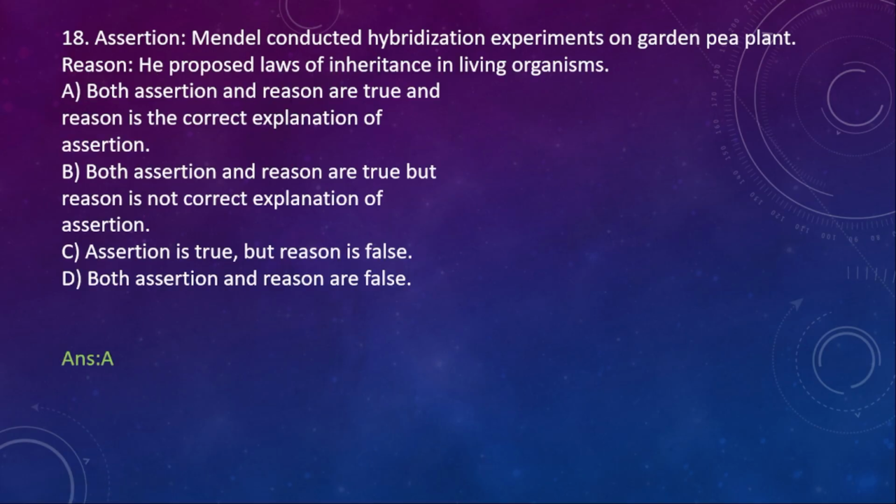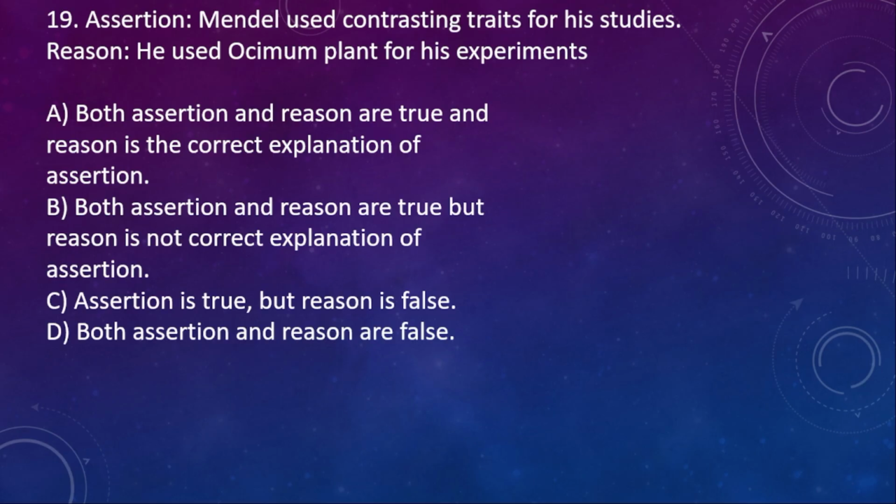So the right option is option A. Next, 19th question. Again assertion and reason type of question. Mendel used contrasting traits for his studies, and then the reason: he used osmum plant for his experiment.